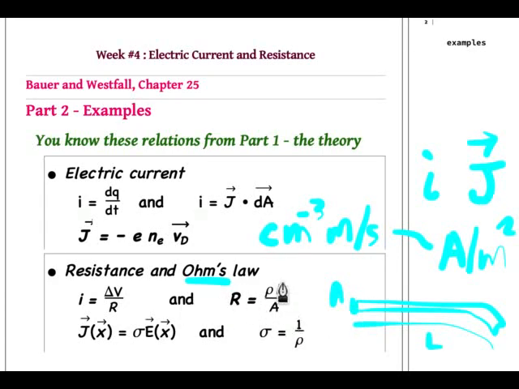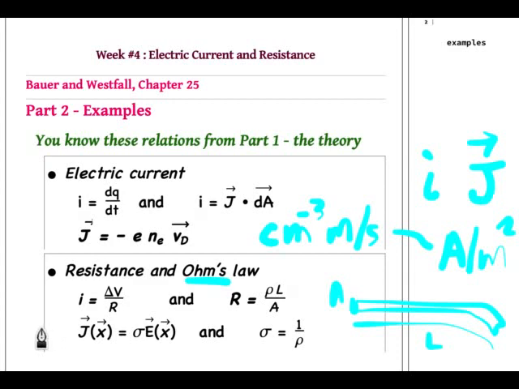And the constant of proportionality, rho, just depends on what this wire is made of. You know, it has a value for copper, it has a different value for silver, it has a different value for, let's say, aluminum, and so on. That relates current in a wire to the potential difference across the wire.